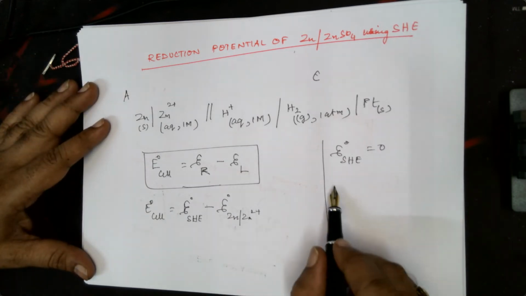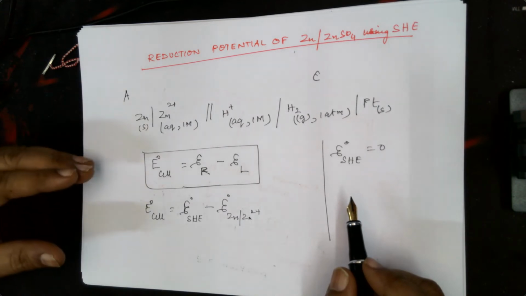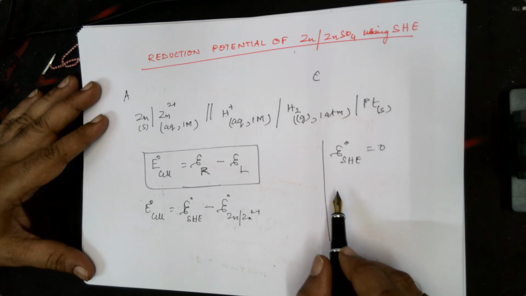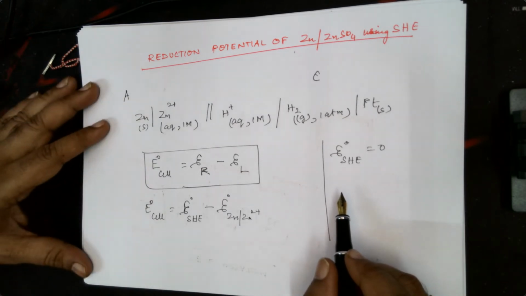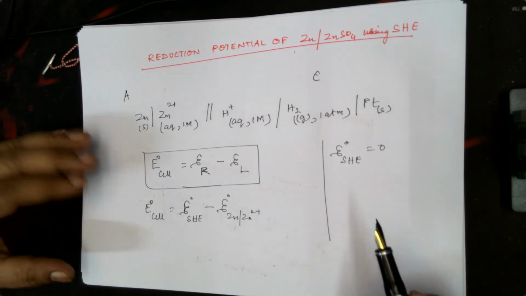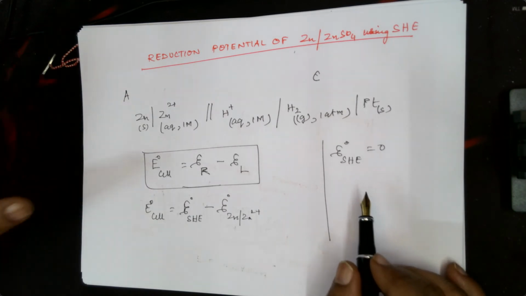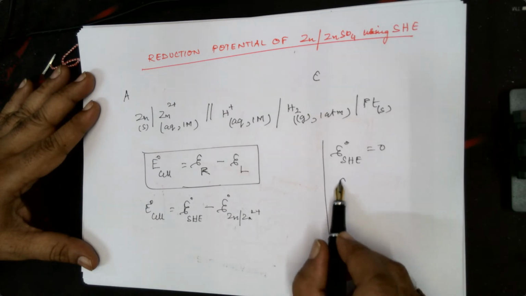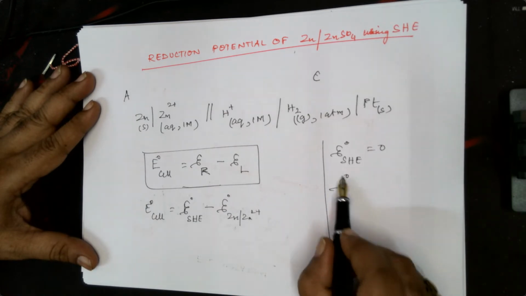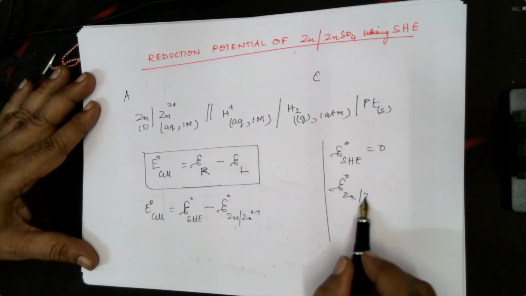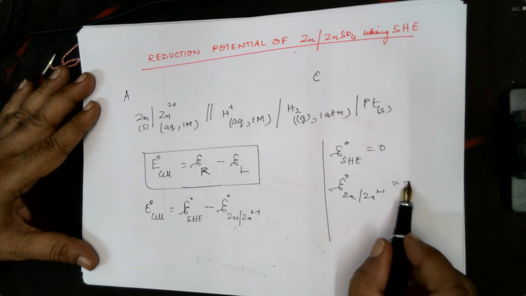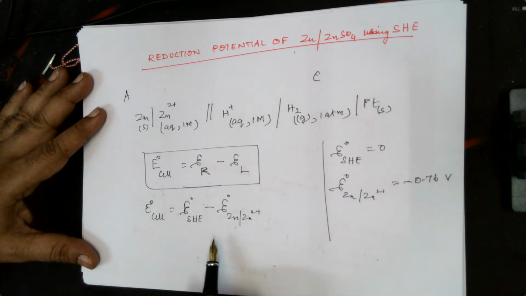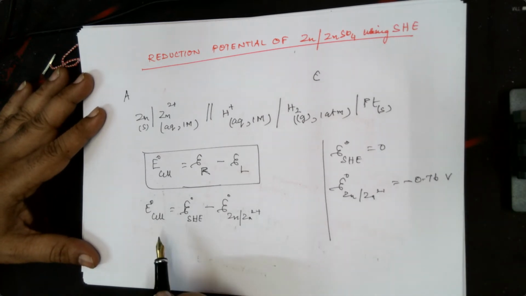Okay. So it can be obtained from the reference value, that is electrochemical series, that is the table, where you have got the reduction potential. Either it can be represented as reduction or oxidation, but our Indian convention is to maintain reduction potential. So the reduction potential of standard state zinc bar zinc 2+ is minus 0.76 volt.